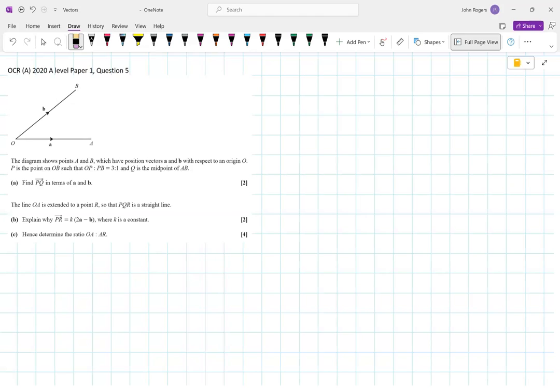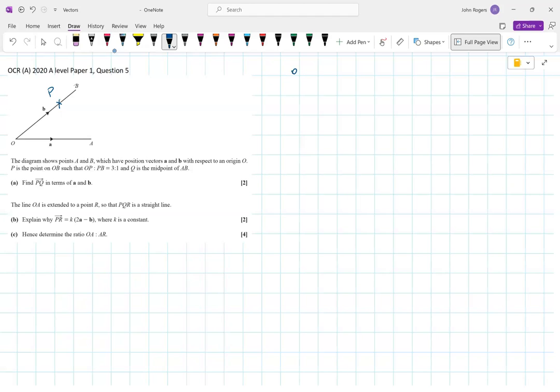So it says find the vector PQ in terms of A and B, and it defines a few things. P is a point on OB such that OP and PB are in the ratio 3:1.